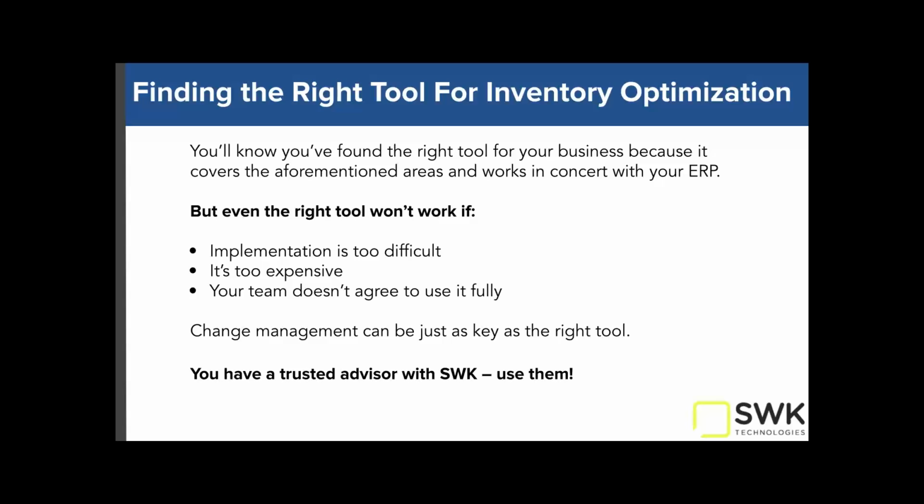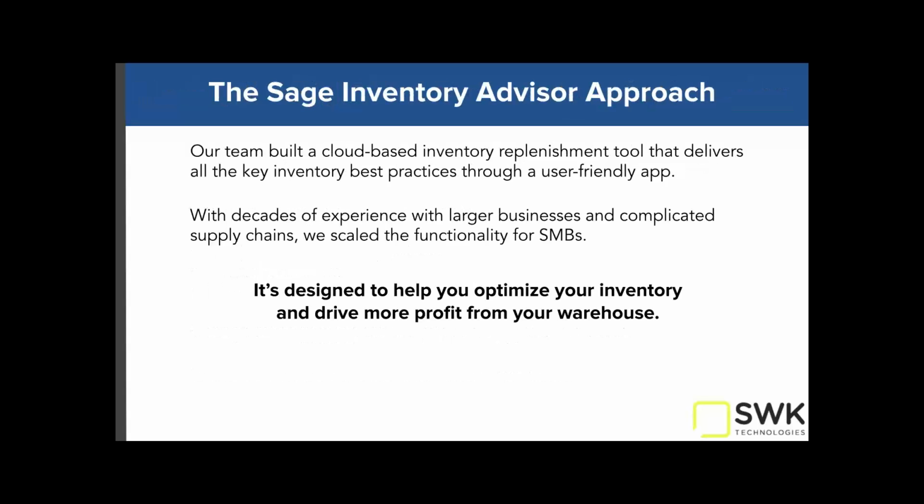Did we achieve the goal that we originally had in mind when we made the investment in a better tool? And SWK can really help you in that whole aspect of it, which then drives more adoption of the product and continued existing use and getting more and more use out of the power of the tool. So leverage that. So what's the Sage Inventory Advisor approach?